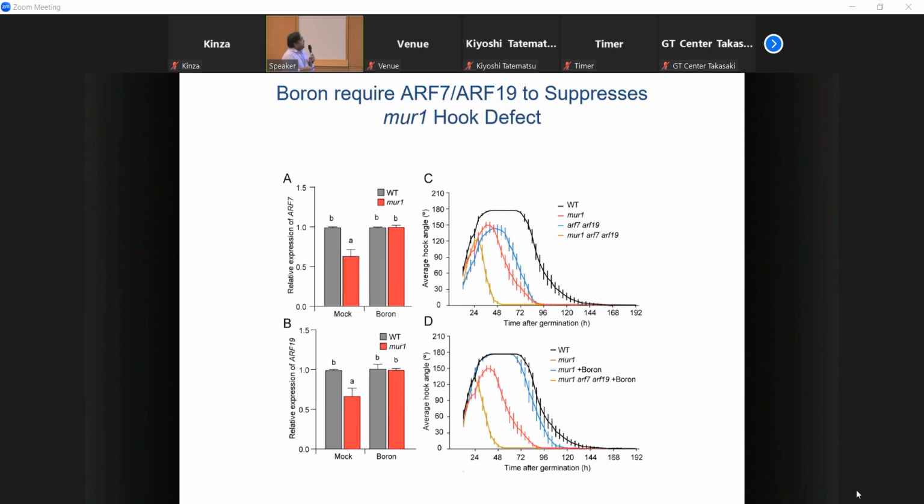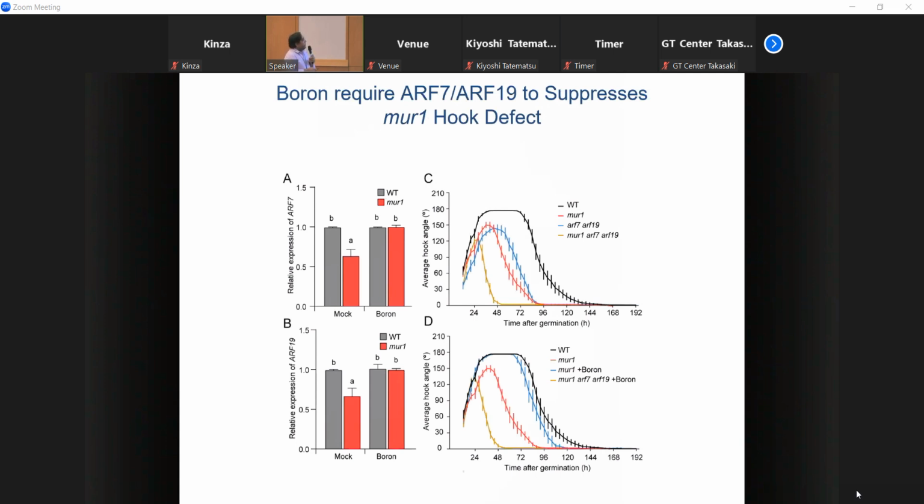And we made a triple mutant to identify the signaling cascade components, and we found that the triple mutant is actually more severe compared to the double mutant. But it's a very complex thing: in the triple mutant, you can see that when we provide boron, it does not rescue.